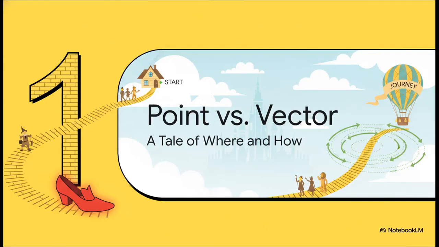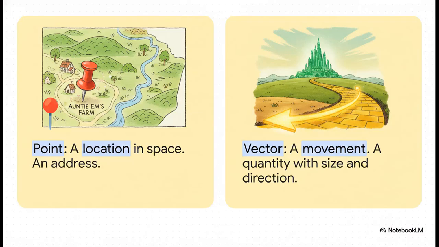Okay, so first things first, we need to get our heads around the fundamental difference in what these numbers can even represent. And it all boils down to a really simple story, a tale of a place versus a journey. A point. That's easy. It's a location, a static spot. Think of it like an address on a map. It tells you where something is. But a vector, on the other hand, is all about movement. It's a journey.